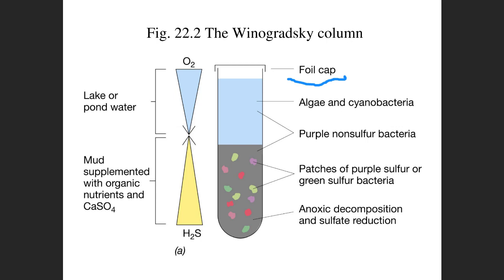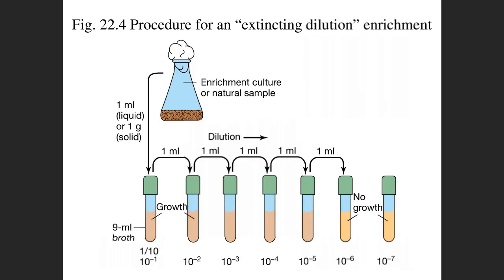And because the oxygen and the hydrogen sulfide concentration is a gradient, these are then able to grow. So you can actually literally get a patch and then get the bacteria that you want. So this is another enrichment.